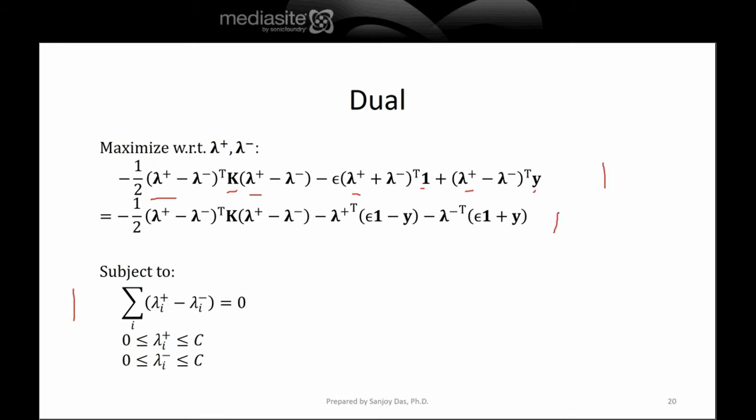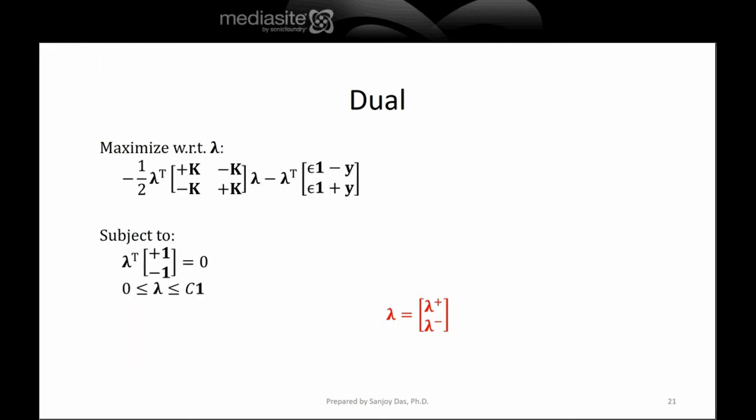What I have done is take the terms containing lambda plus here and the terms containing lambda minus here. And then I will let this vector lambda be given by lambda plus and lambda minus. So the dimension of this lambda is twice the number of samples. Lambda plus is a vector whose number of rows is equal to m, the number of samples. Same with lambda minus. So this is a 2m by 1 vector lambda.